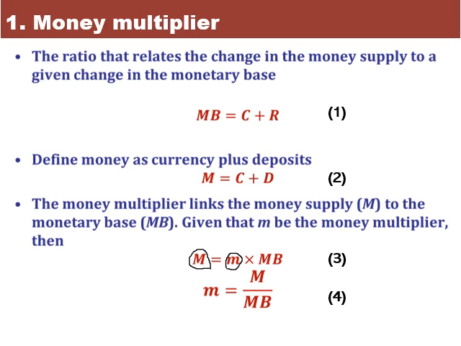In the remaining part of this lecture, we will explain the factors that affect the money multiplier. As we can see in equation 4, money multiplier equals money supply divided by the monetary base.